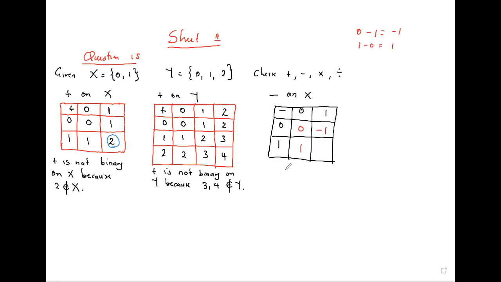So we put 1. 1 minus 1, we get 0. So we put 0. It was almost binary on X, but it's not.